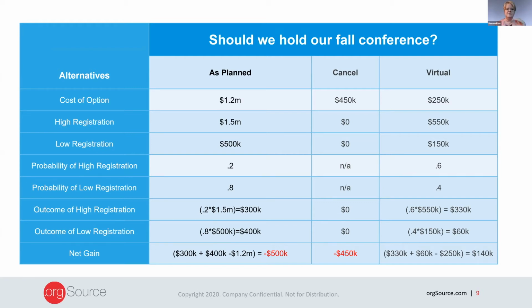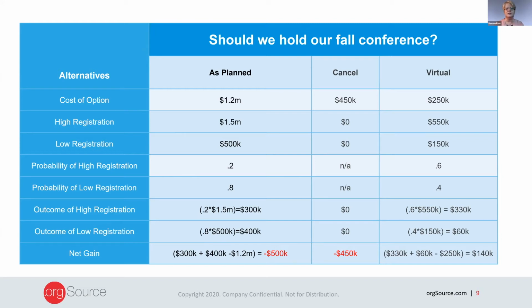And so I'm setting that mark, and I'm saying in the best case scenario, by the time we get to the fall, let's say that we had a vaccine, whatever is holding us back from being able to hold our fall conference, or be confident that we're going to be able to hold our fall conference, is no longer a factor. So my high registration is what I budgeted, and that budget was based somewhat on last year in my scenario.